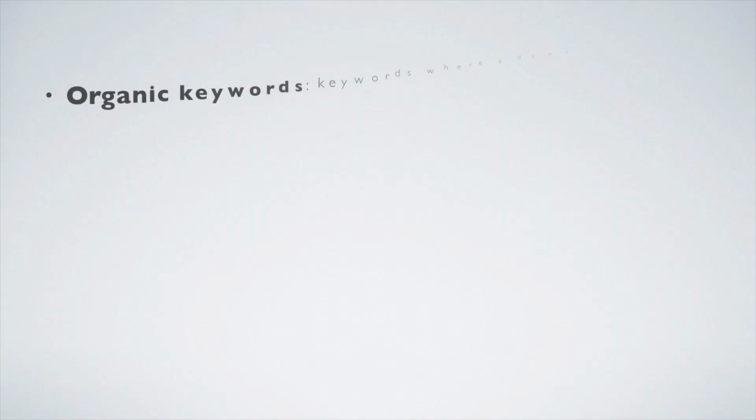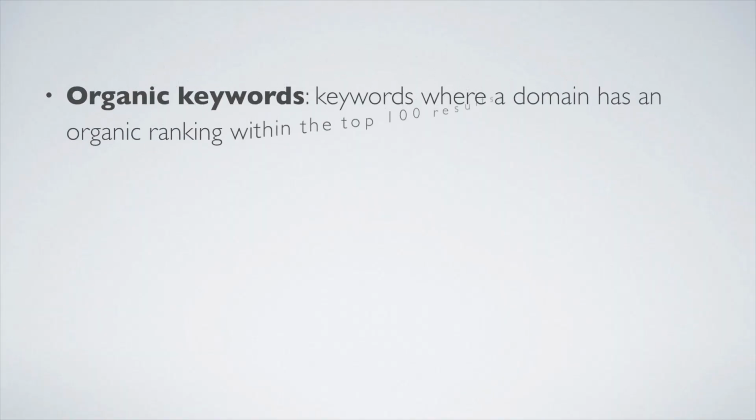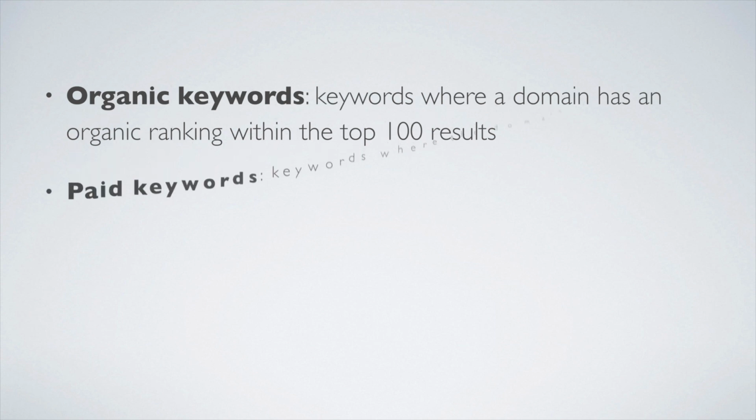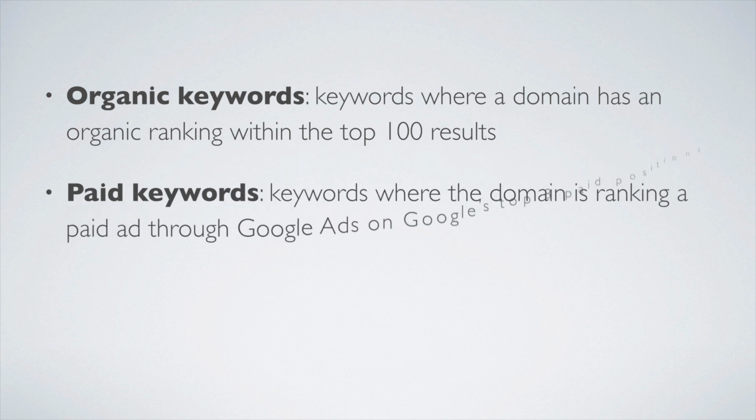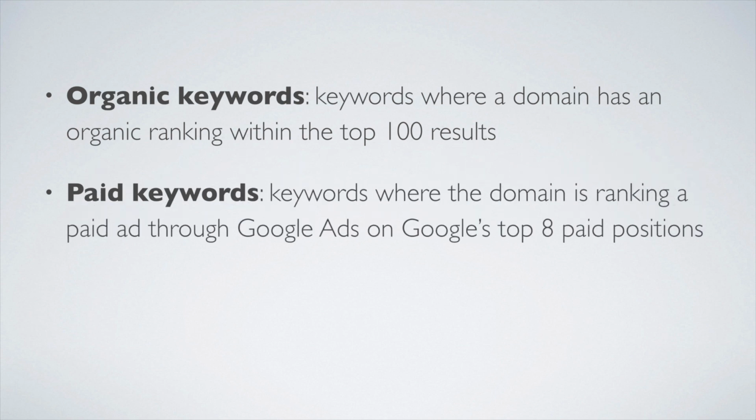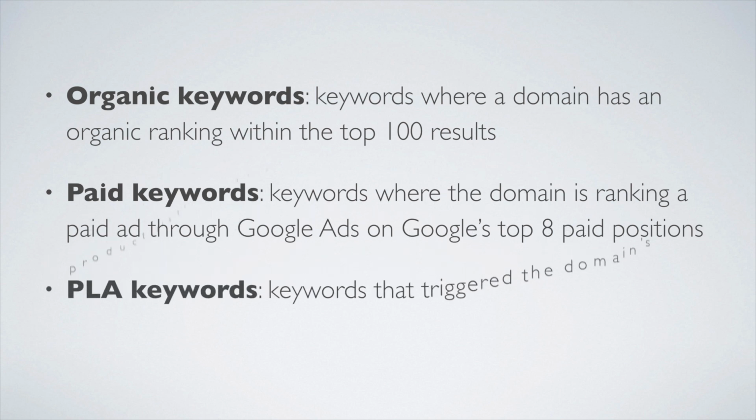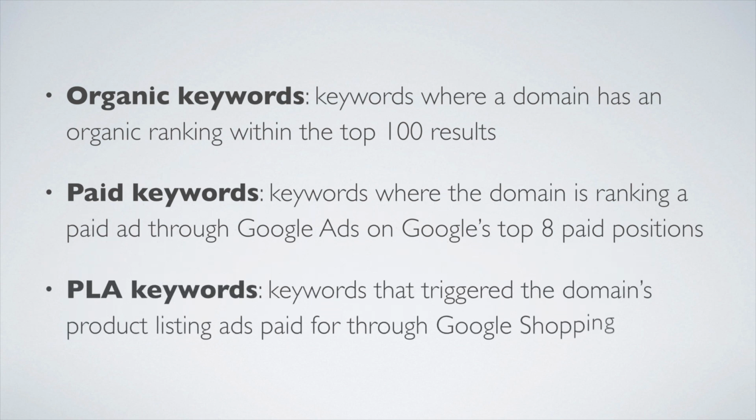Organic keywords are keywords where a domain has an organic ranking within the top 100 Google search results. Paid keywords are keywords where the domain is ranking a paid ad through Google Ads on Google's top 8 paid positions. PLA keywords are keywords that triggered the domain's product listing ads paid for through Google Shopping.